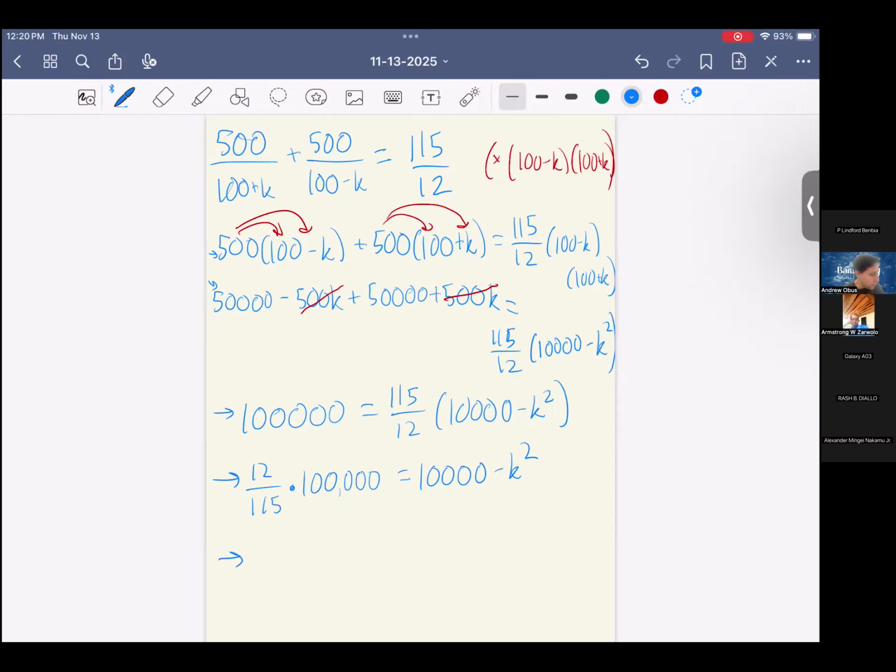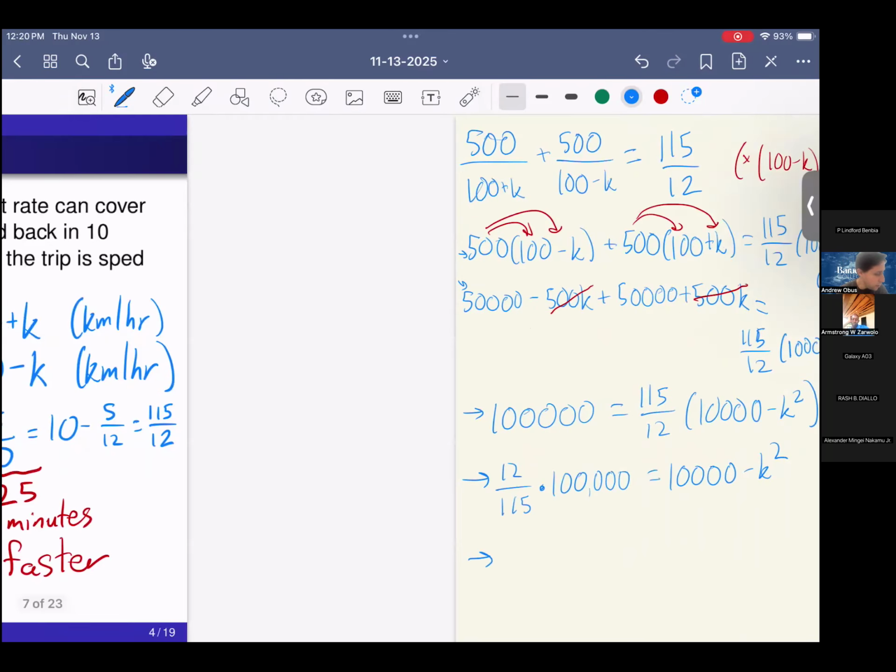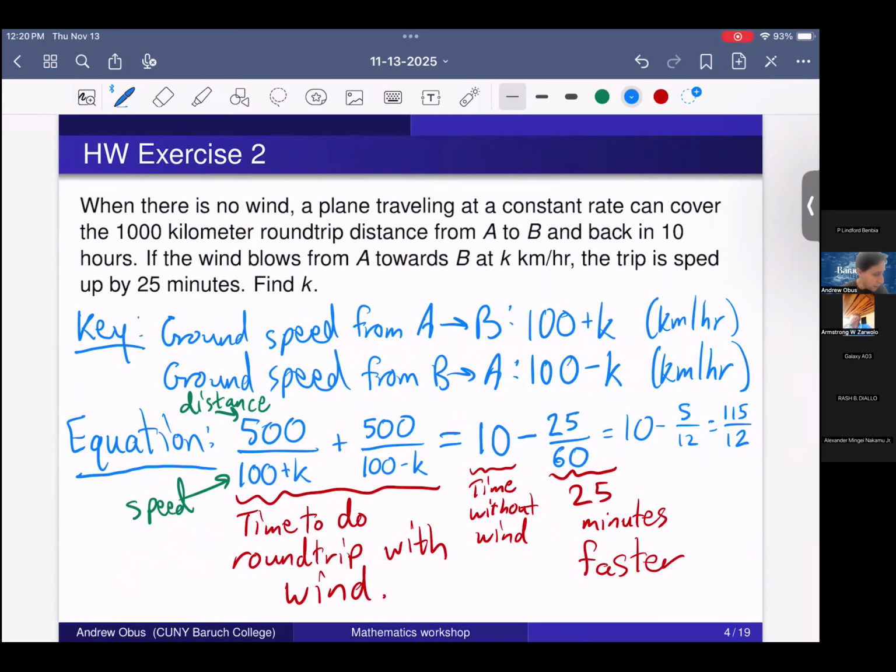Hold on, now I am confused because I'm worried there's a sign error somewhere. I'm worried that this is going to not give any real solutions. So did I make a mistake somewhere? Have this equation 10 minus 5 over 12 is definitely 115 over 12. Okay.